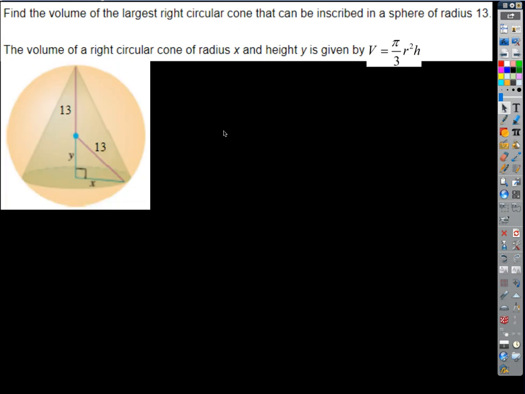So how are we going to write this volume now in terms of the variables X and Y? So volume is going to equal pi thirds. What's my radius in terms of this picture? Radius of the cone, X. And what's the height? Y plus 13. Y plus 13, right?